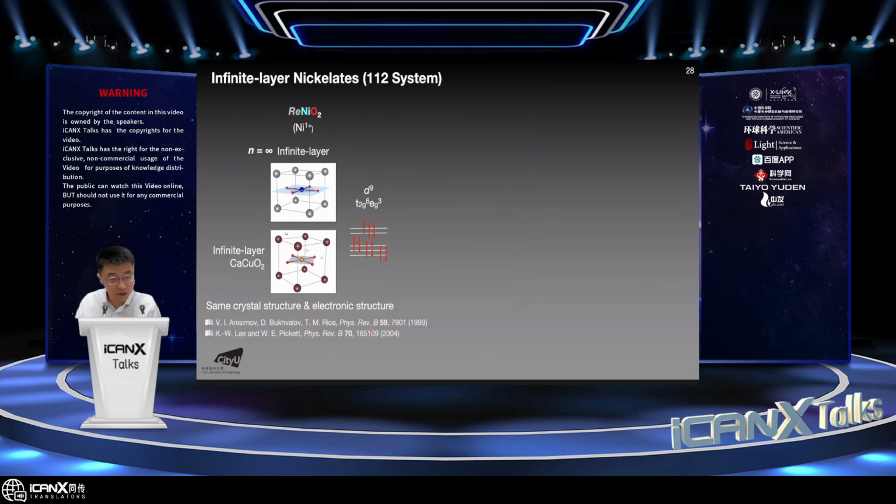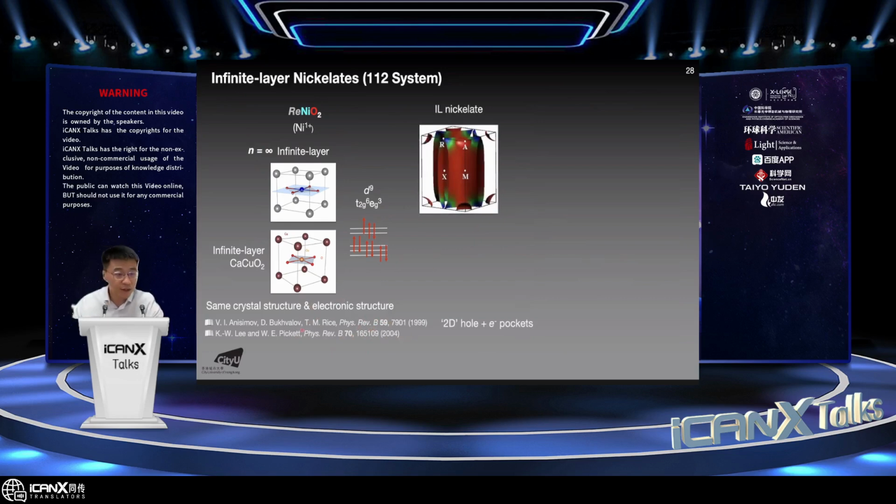So all these features were captured by early theoretical works represented by these two papers. In these papers, these people suggest that the infinite-layer nickelate had a very similar electronic structure to cuprates, marked by these hole bands, while at the same time showing some electron pockets in their band structure.